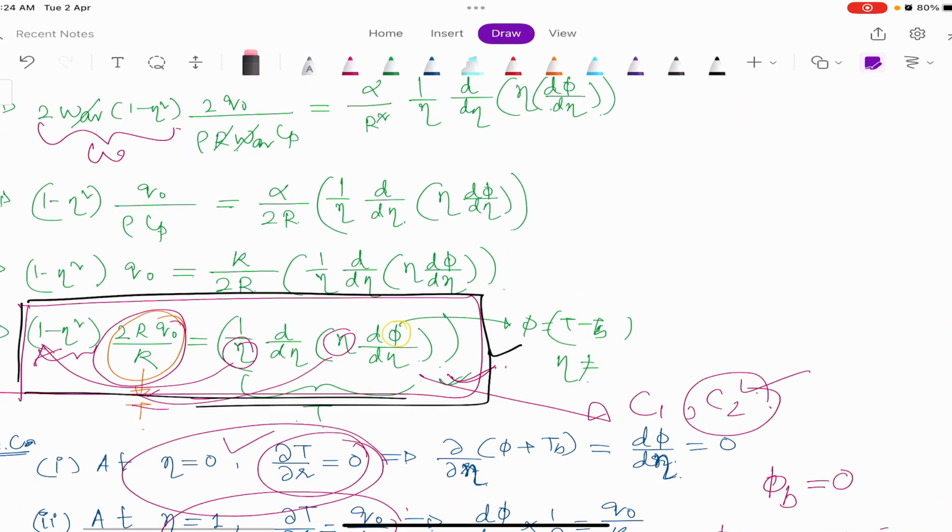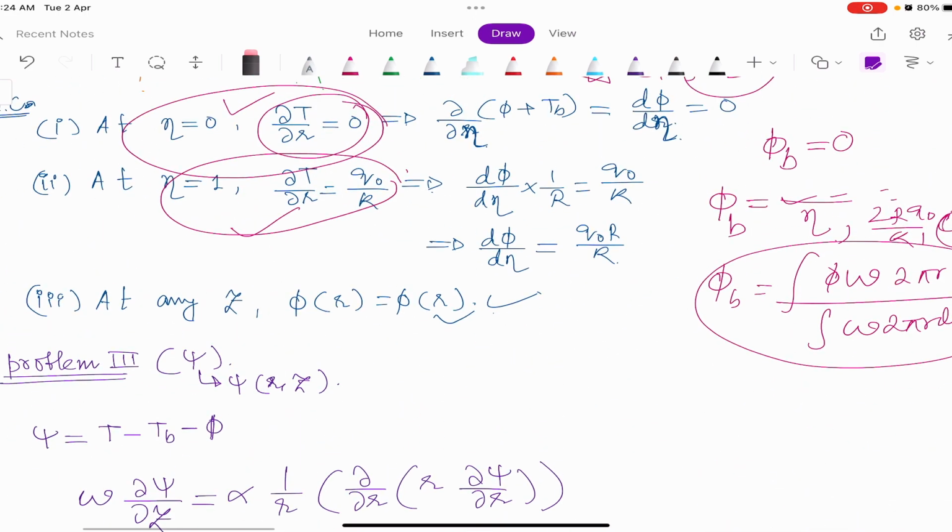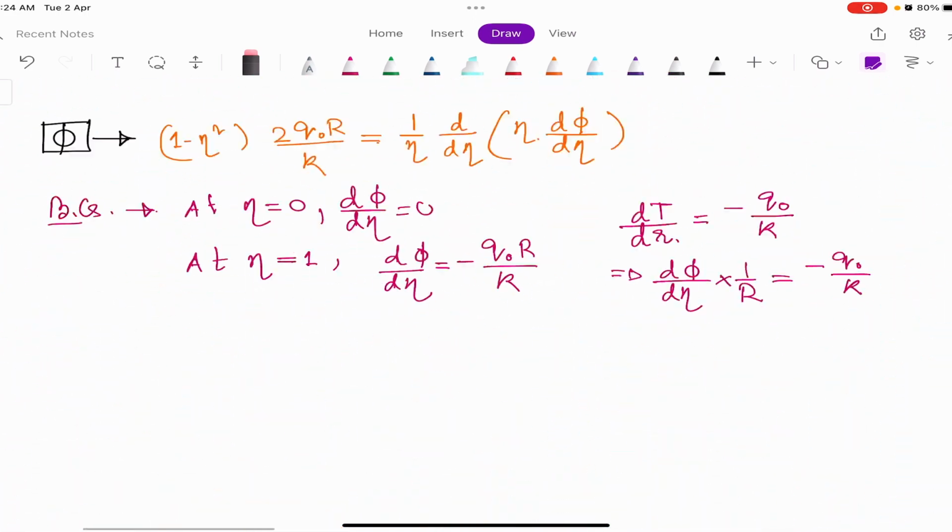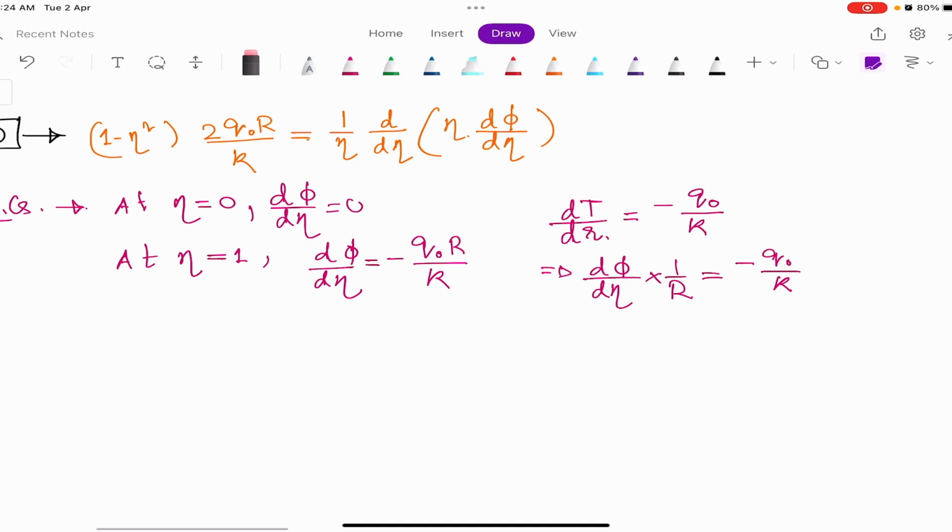The heat flux was into the fluid, so it will be plus. Why plus? Because minus k del T del r is the heat flux in the increasing radius direction. I have explained it.